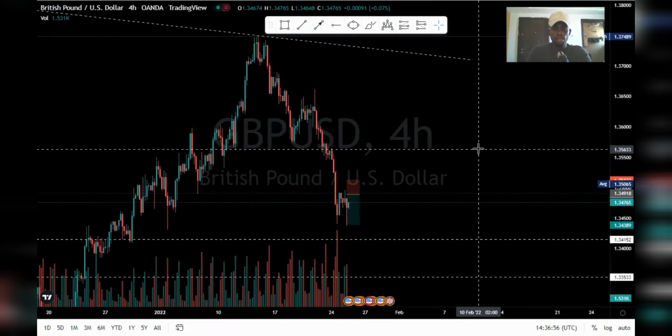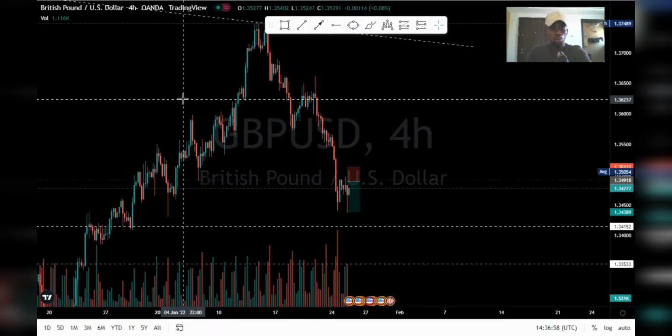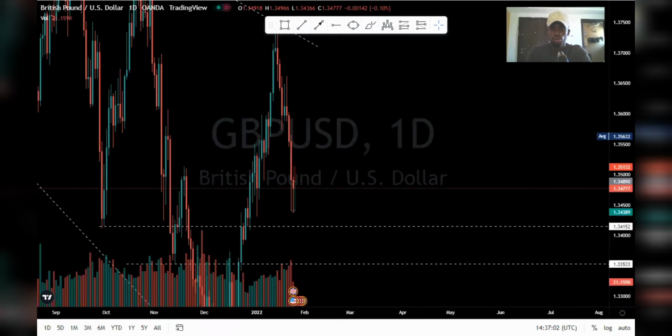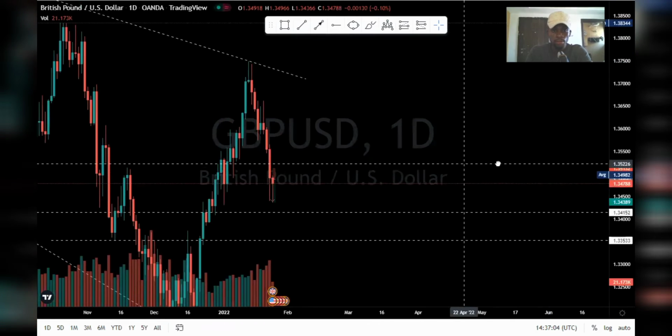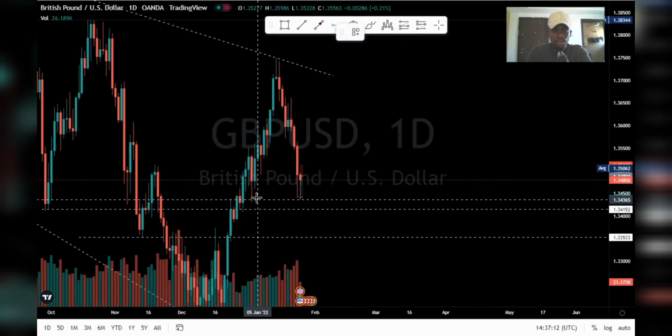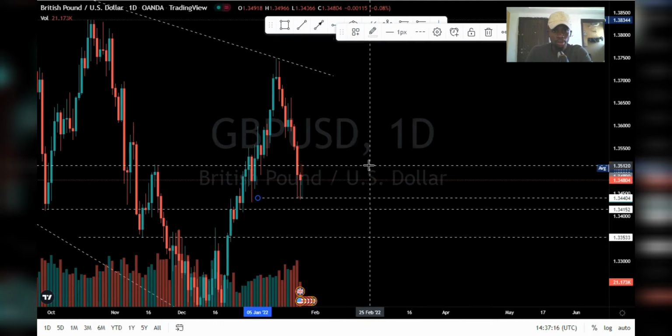As you can see, our previous day low. Let me go to my daily time frame and show you. We have this level to be our previous day low. I had this horizontal ray there and put it somewhere here.